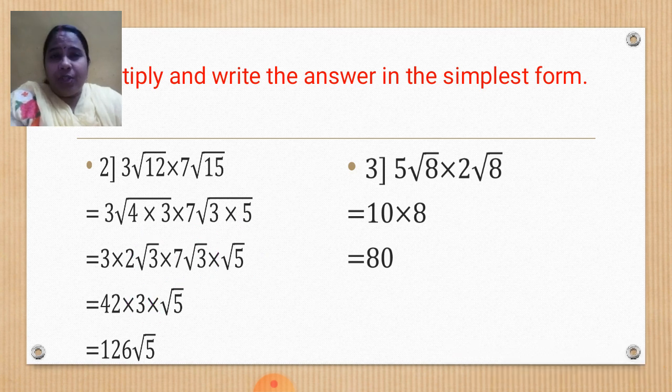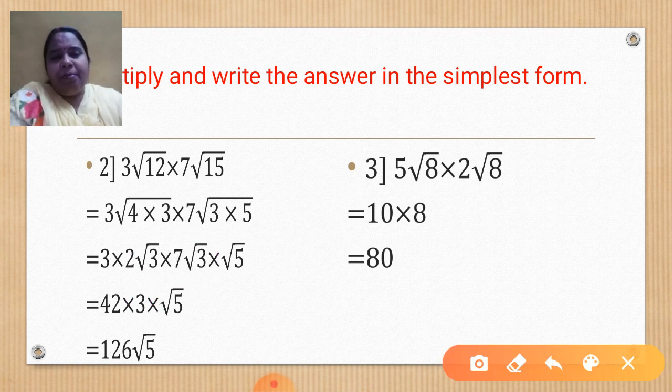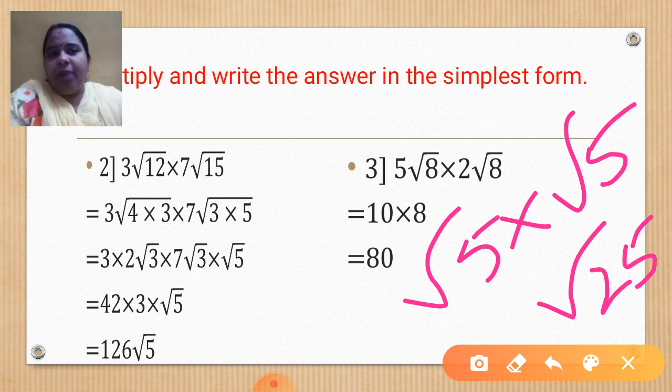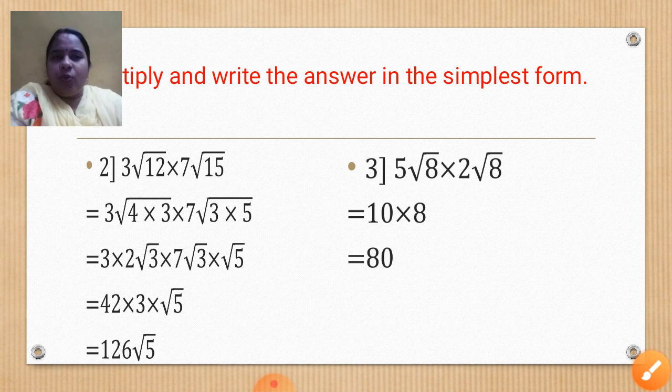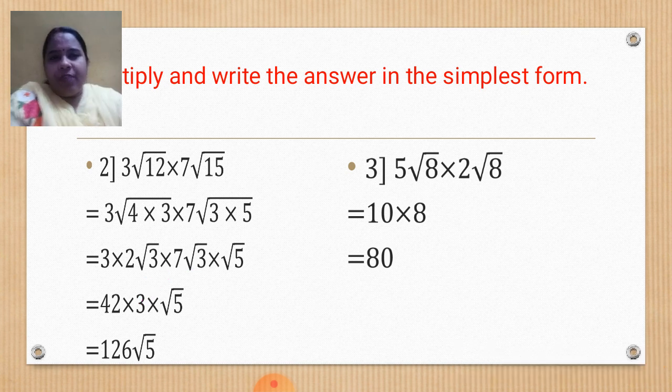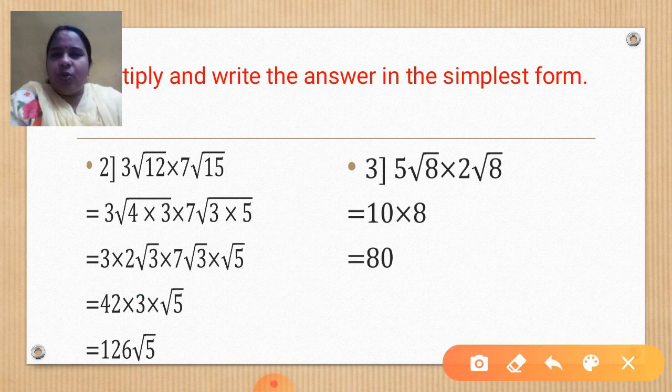I hope you know this concept, that when same numbers are multiplied, like root 5 into root 5, what do I get? Answer is actually square root of 25, which is nothing but 5. That is the reason why root 3 into root 3 is actually root 9, which can be written as 3. So this way I get 3 and what was left is root 5. So 42 into 3 is nothing but 126 and this root 5 as it is.